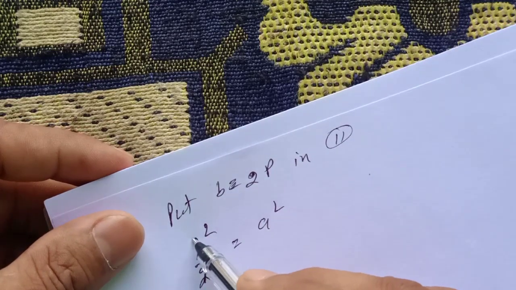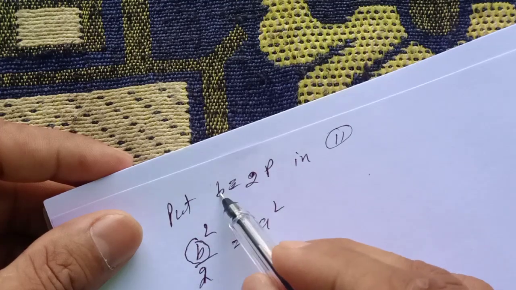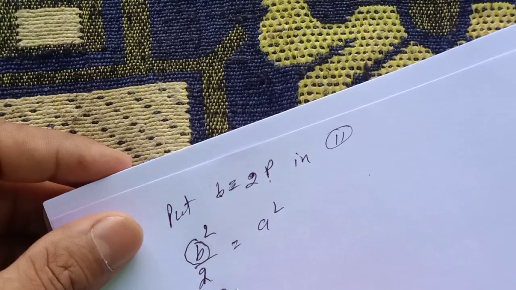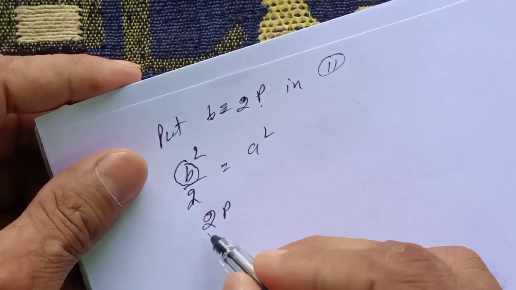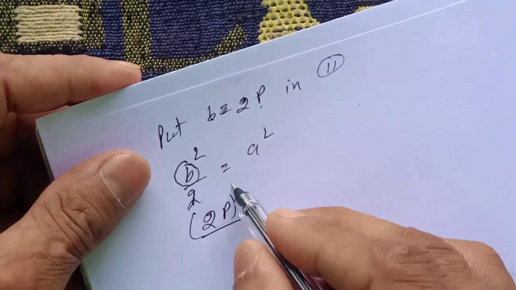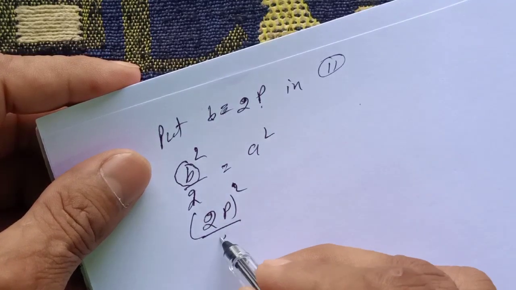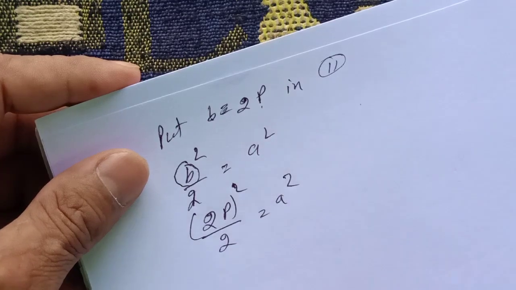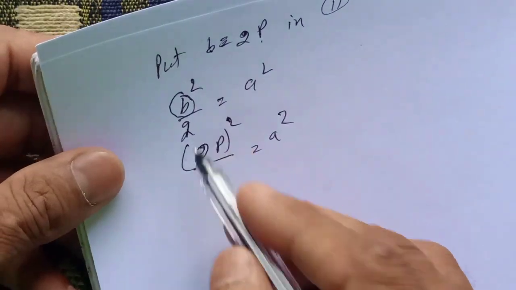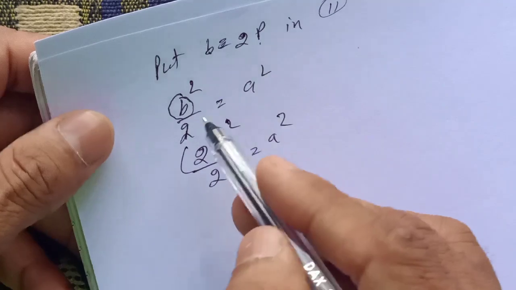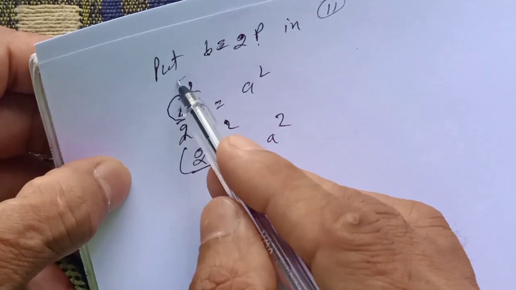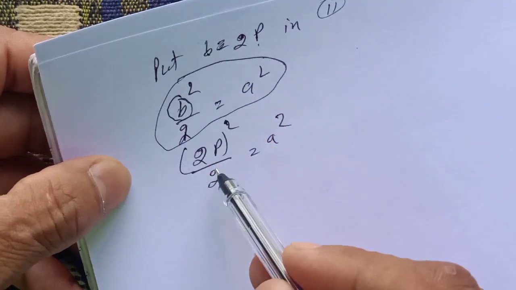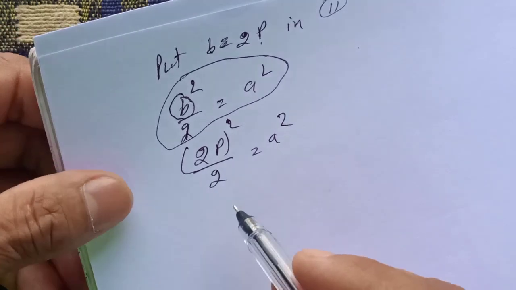Here we have to put the value of b. 2p square upon 2 is equal to a square. Instead of this step we can write it also.